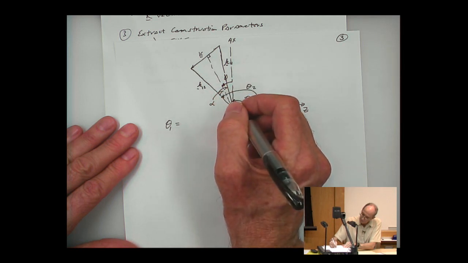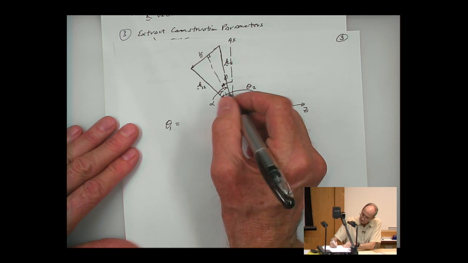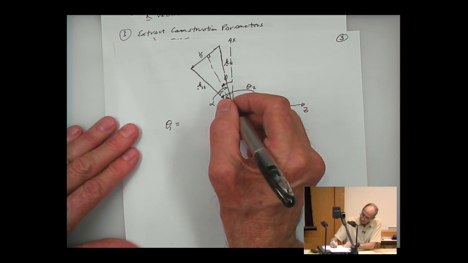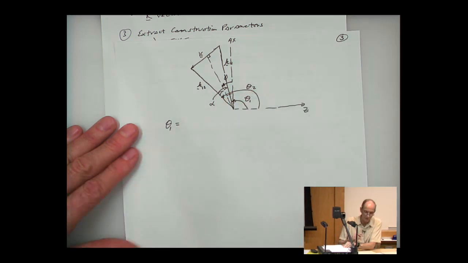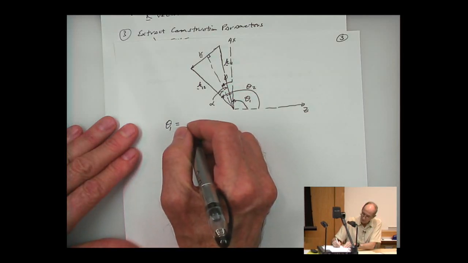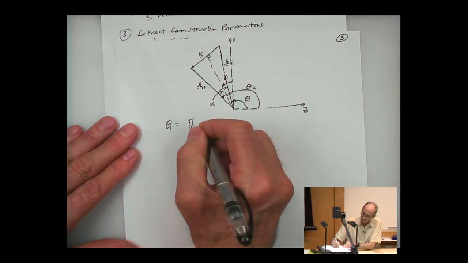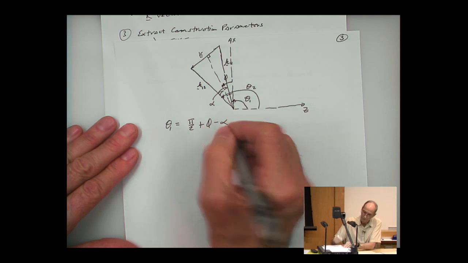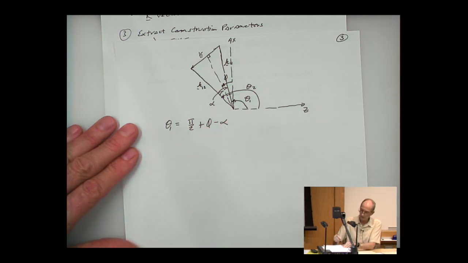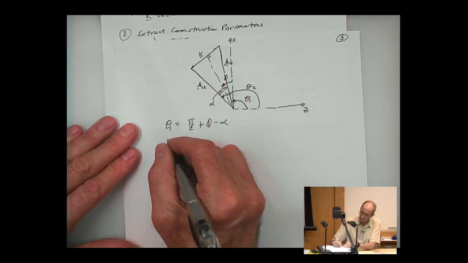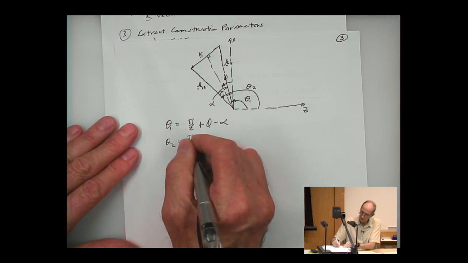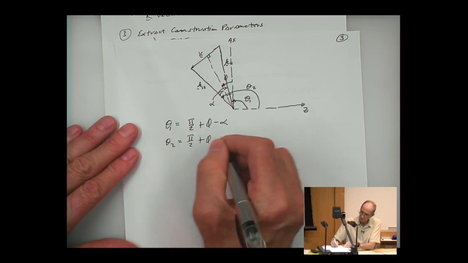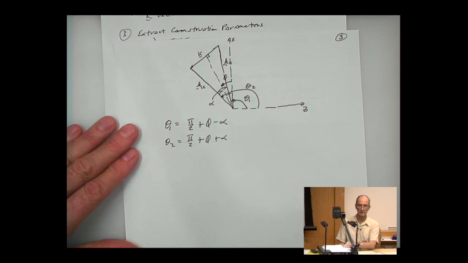And so we come 90 degrees plus phi, and then we go backwards by alpha, right? So we have pi over 2 plus phi minus alpha, and then for theta 2, we have pi over 2 plus phi plus alpha. So that's where we end up with our angles.